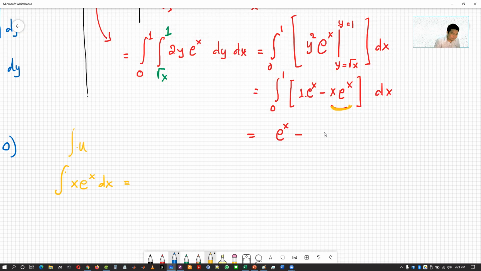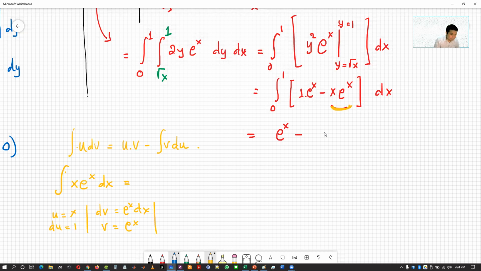Okay, let's just try it. Integral of u dv is actually u times v minus integral of v du. Maybe, okay, I'll just try it. What can we consider as a u? u is actually x, du is 1 dx, and then dv is actually e to the power of x dx, and then v itself is e^x. Okay, I will try to continue here.